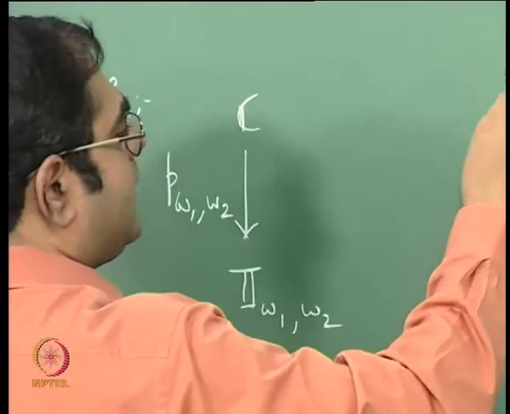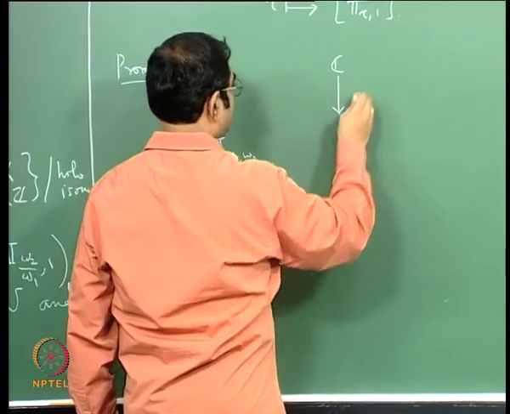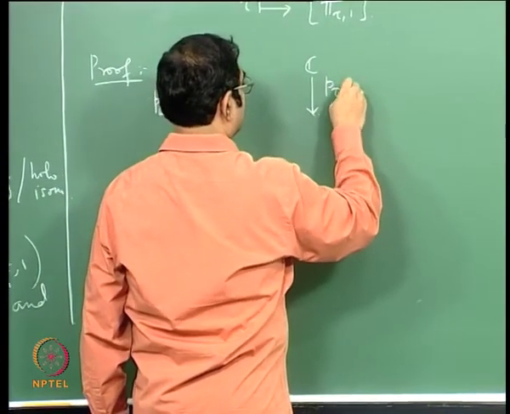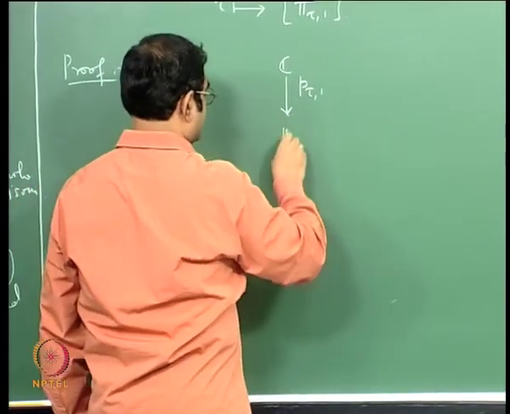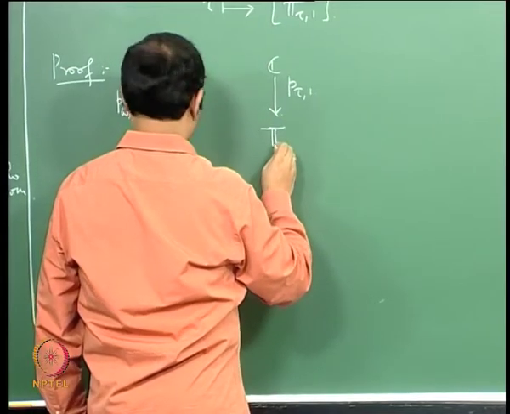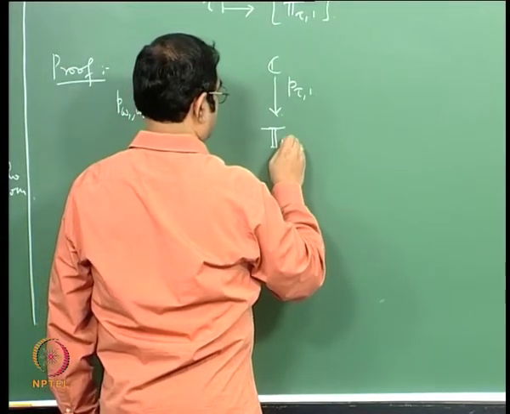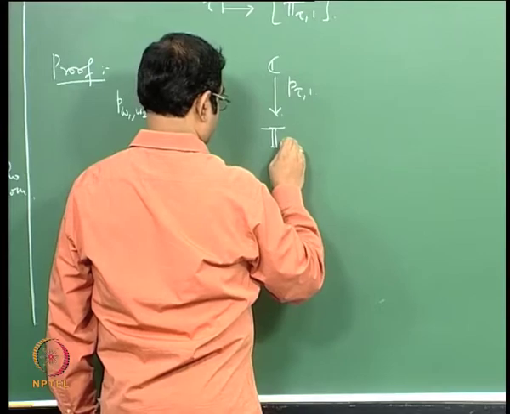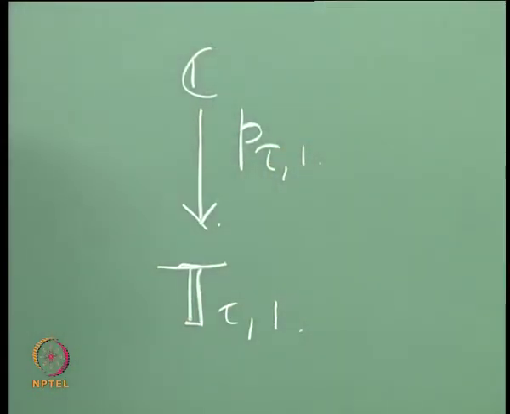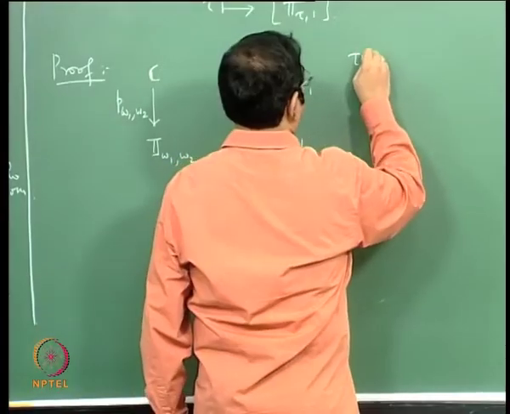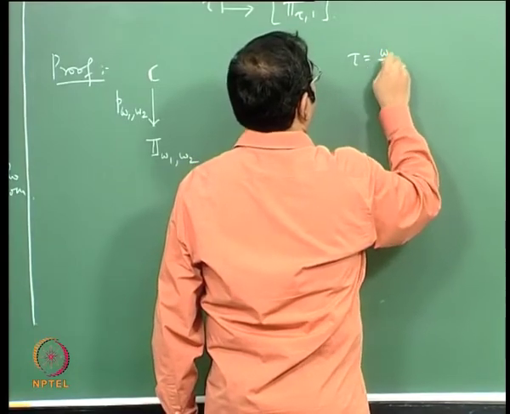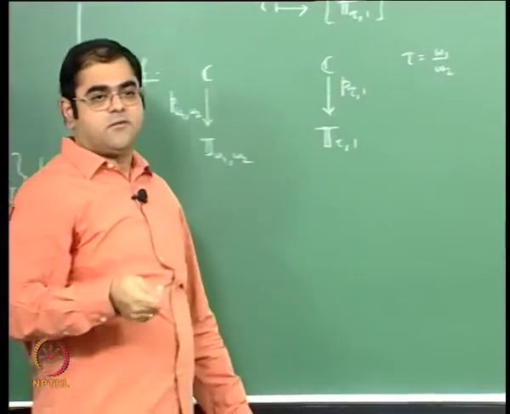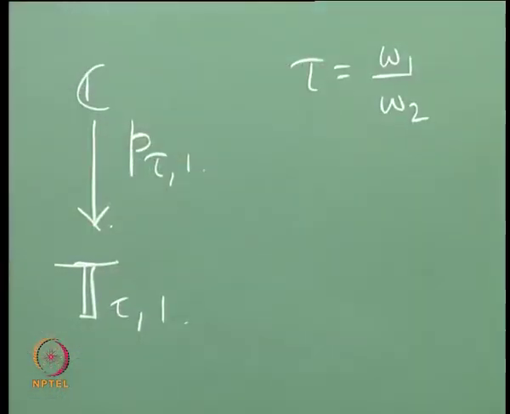And on the other hand, I have C and the projection tau comma 1, and I have the complex torus T tau comma 1, where let me take tau to be omega 1 by omega 2 if you want. Of course, I could have equally taken tau equal to omega 2 by omega 1, right.